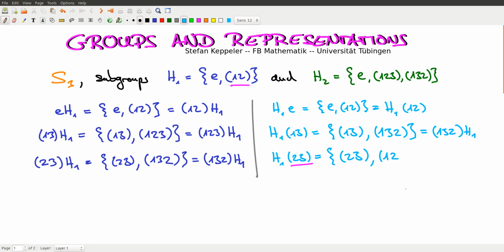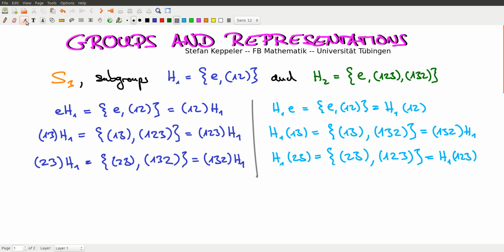Sorry, 2 goes here, and 2 is mapped to 3, and 3 stays. And 3 is mapped to 2, and 2 is mapped onto 1. Fine. That was the last remaining element. And this is the third coset, H1 times (1 2 3).